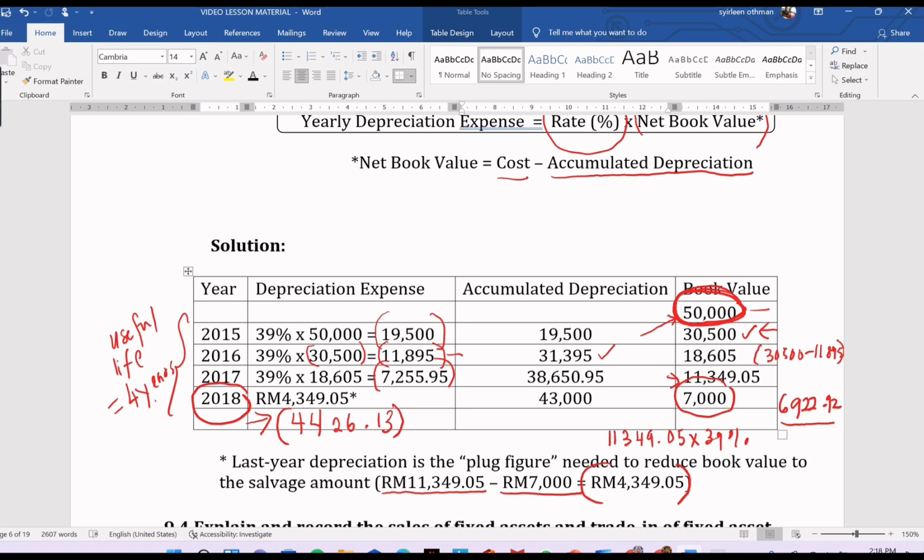So towards the final year of the useful life given, you must make sure of the calculation. Sometimes you don't need to multiply with the percentage given. Just make sure you leave the salvage value as the net book value. So the rest of the amount that is still there will be deducted from this salvage value, and that gives you the current depreciation expense for that final year.